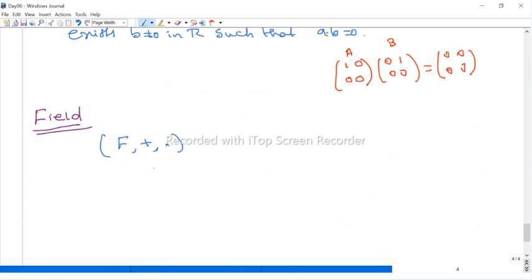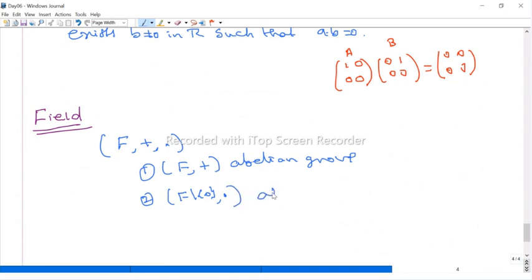When we say this ring is a field, first, with respect to addition it forms an abelian group. With respect to multiplication it also forms an abelian group, but you have to remove 0 from F. That means every non-zero element has a multiplicative inverse, the identity element exists, and the commutative property is satisfied.